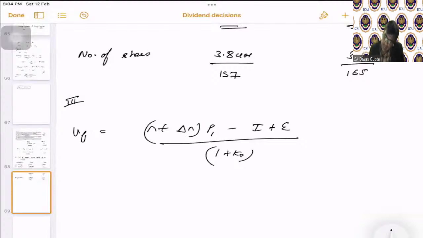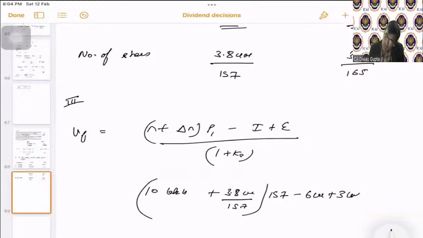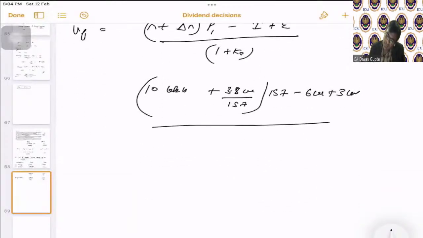So in this case, what is the N? 10 lakhs plus 3.8 crore divided by 157 multiplied by 157 minus 6 crore plus 3 crore whole divided by 1 plus 10 percentage.